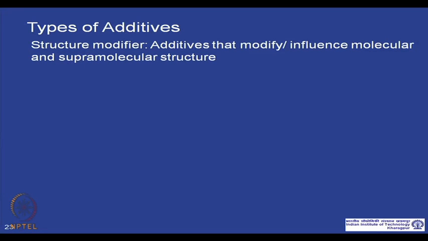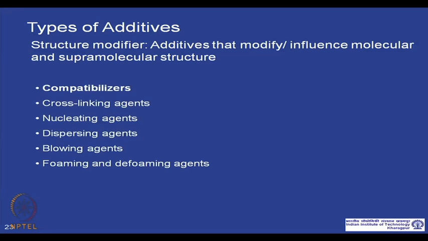Structure modifiers are the additives which modify or influence the molecular or supramolecular structures, like compatibilizers, which help in making compatibilized blends. Cross linking agents, which obviously are added to bring cross linking between polymer chains.